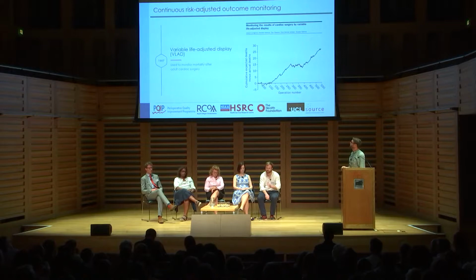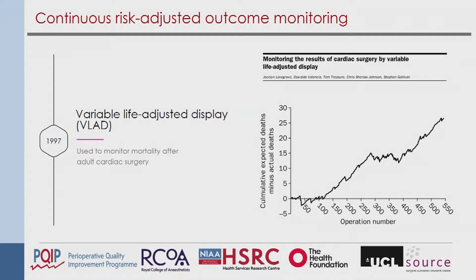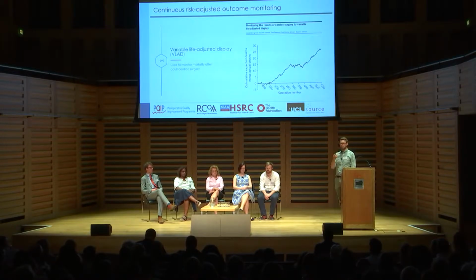So what we've been doing is using something called a variable life adjusted display, which was first published in 1997 and has been used quite heavily within cardiac surgery. Basically, it's a continuous plot. Here it is plotted by operation number, but you can plot it by date. Essentially, it plots the expected deaths minus the observed deaths over time.